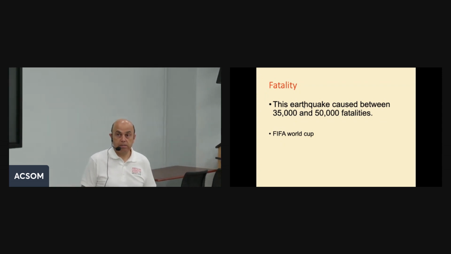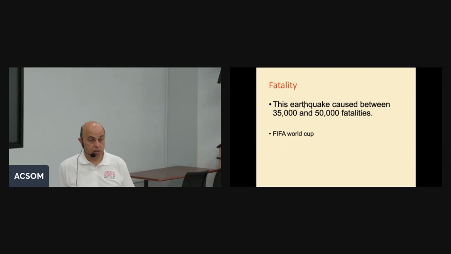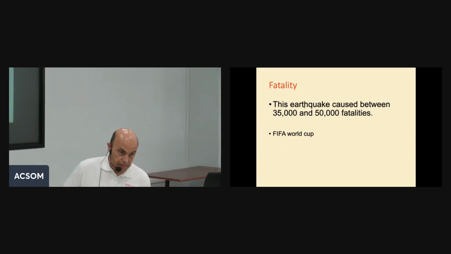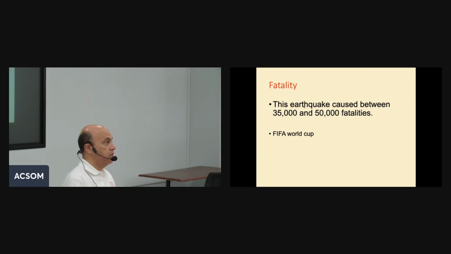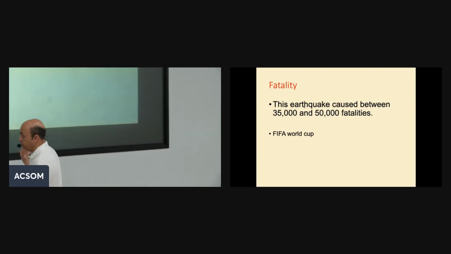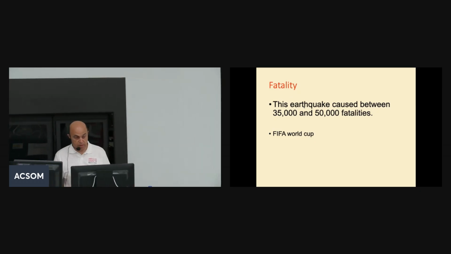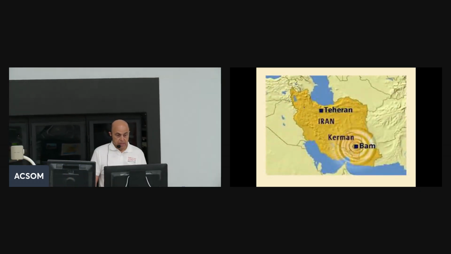People were basically up watching TV when the shaking happened, so they had a chance to get out of the house, come to the street, and reduce the amount of fatality. Otherwise, it could have been a couple of 100,000 people.